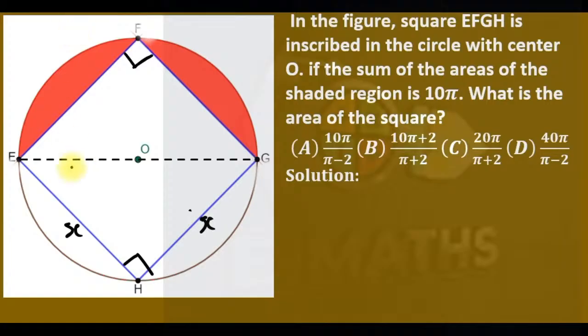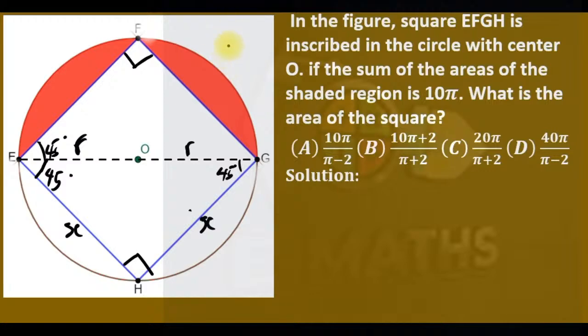If we call the radius r, so the radius of this circle is r. We now have a right triangle, a 45 45 90 triangle, because this should be 45 degrees, this is 45, this is 45. So we have a 45 45 90 triangle.